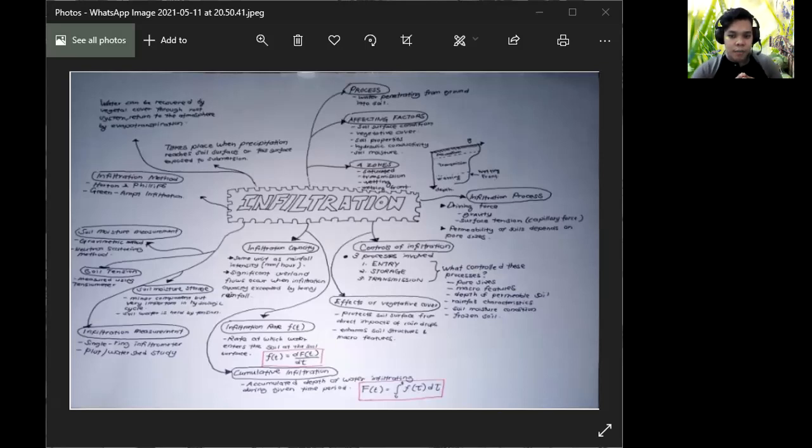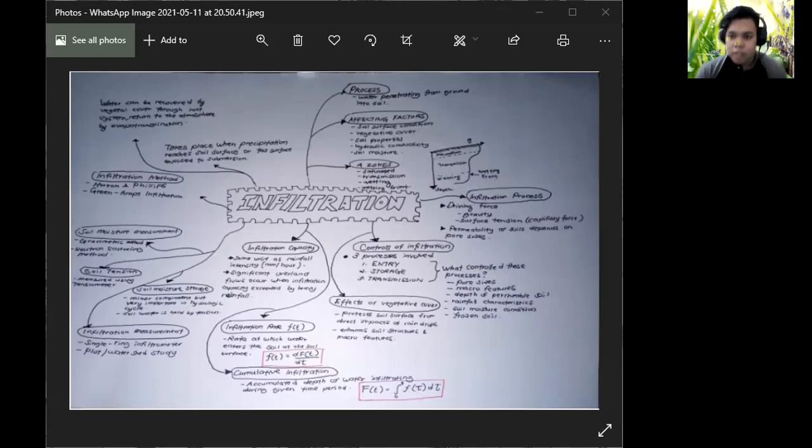And then the depth of the permeable soil, the rainfall characteristics, the soil moisture condition, and the frozen soil. Frozen soil is literally water that is frozen in the ground. This will affect the infiltration system.